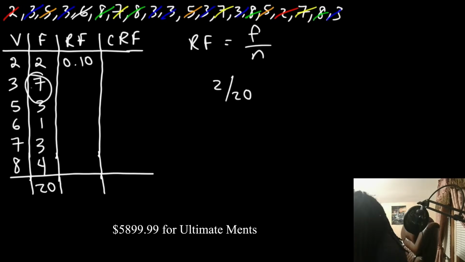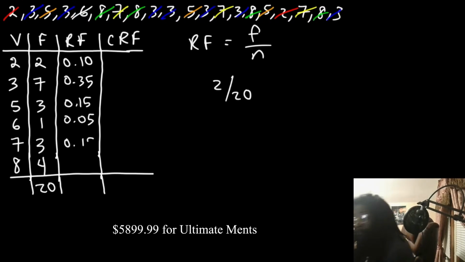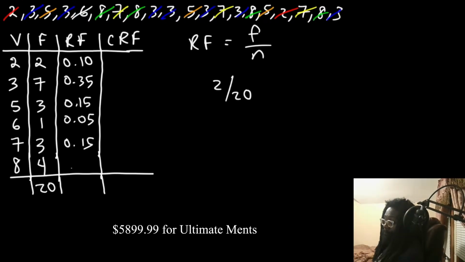For this one, it's 7 divided by 20, which is 0.35. For the next one, it's 3 divided by 20, which is 0.15. And then 1 divided by 20, that's 0.05. 3 over 20 is 0.15 again, and then 4 out of 20 is 0.20. Now, if you add up all of these numbers, you should get 1.